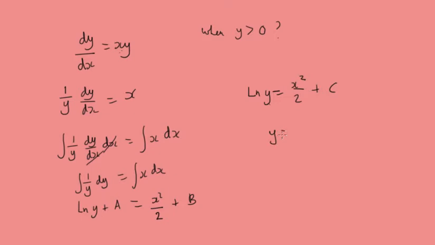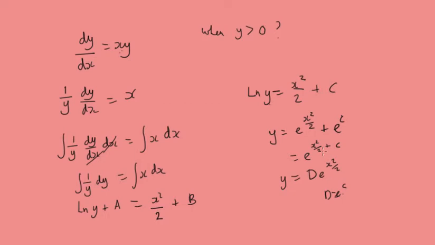So y is going to be the exponential of x squared over 2 plus c, which we can write as e to the x squared over 2 times e to the c, and we can rewrite that as y equals d e to the x squared over 2, where d is e to the c, and that's just some arbitrary constant.